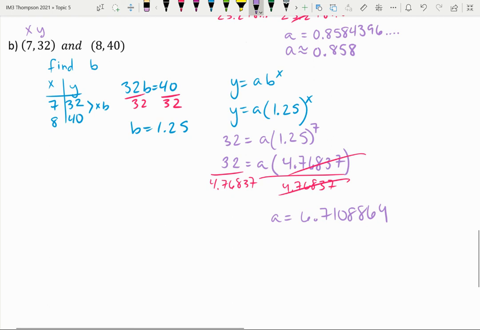When I take my A value and round to 3 decimal places, remember I always check the 4th decimal place to see what that does to the 3rd. So 6.7108, the 8 will round the 0 up to 1. So if I round correctly, for my A value, I get 6.711.